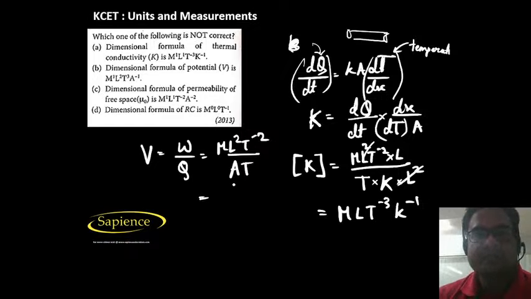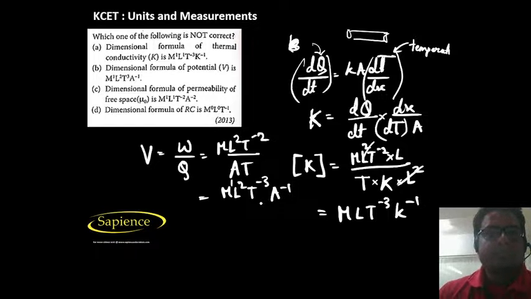So that will be M L squared, T power minus 3 A power minus 1. Here it is written T power 3, so I think that is not correct, but let me check the other options.